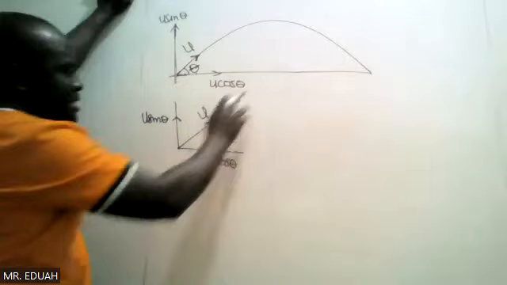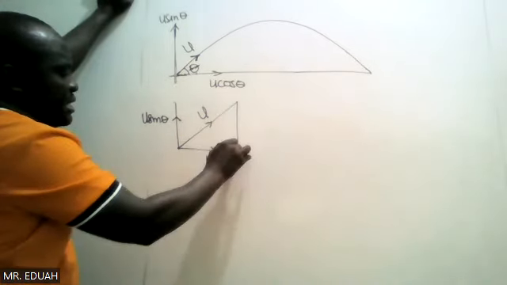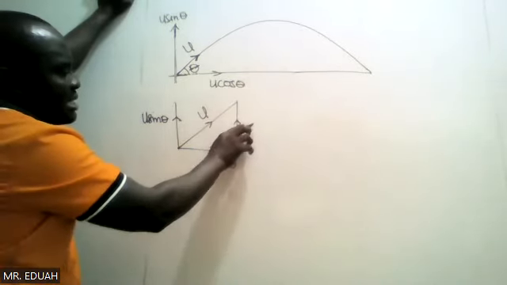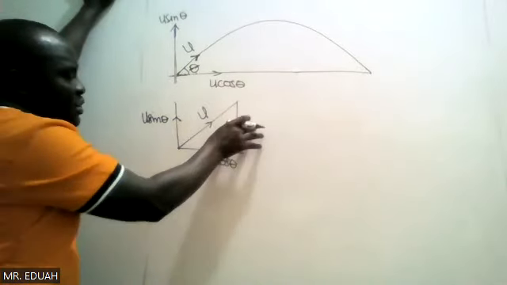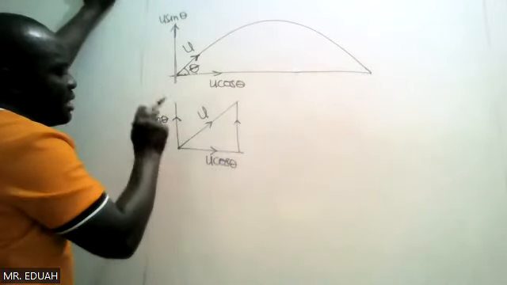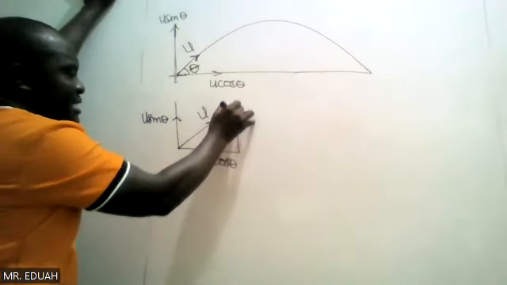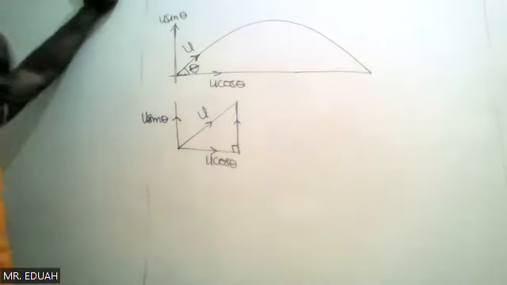By equal vectors, what I have here, I can bring it here. Once it has the same features as this one, same magnitude, same direction, this and this are parallel, I'm good to go. And this is perpendicular to the horizontal.